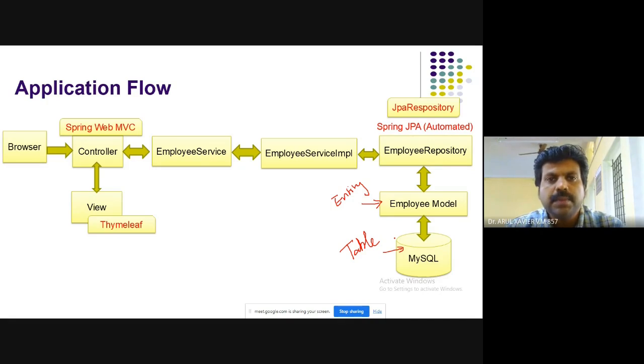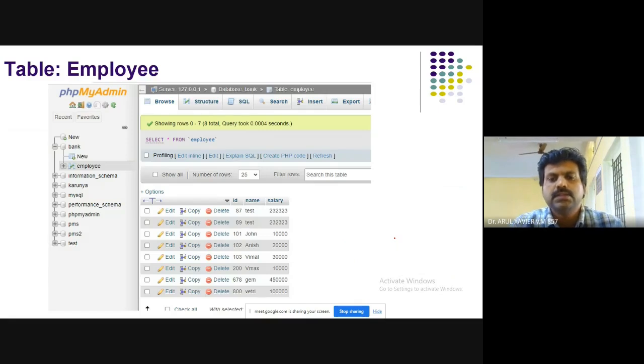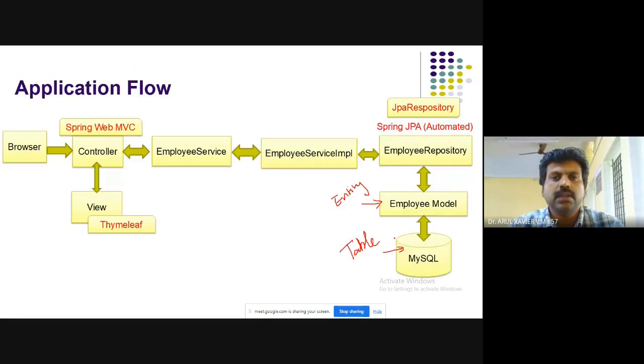So when you use a setter function on the class, we are actually storing the data in the table. That's called ORM mapping, object to relational mapping. Since this model and this table are mapped.